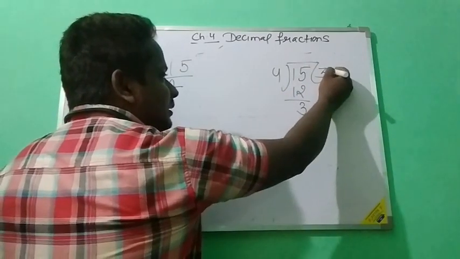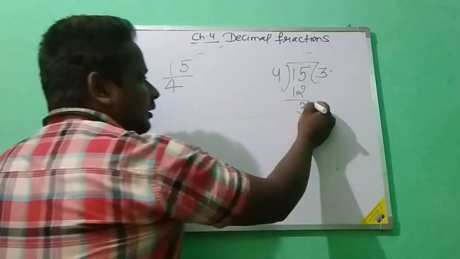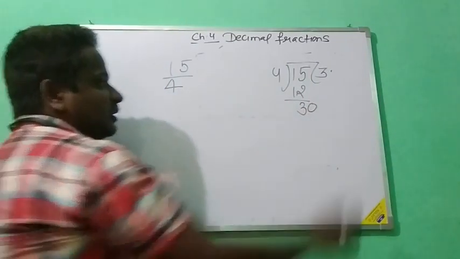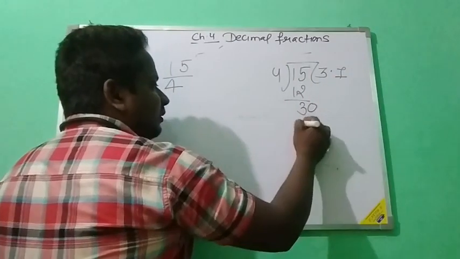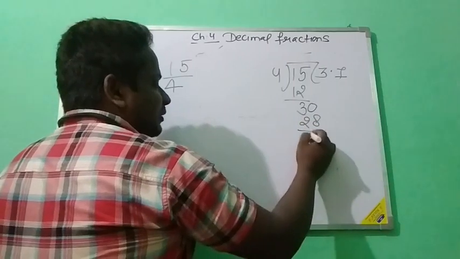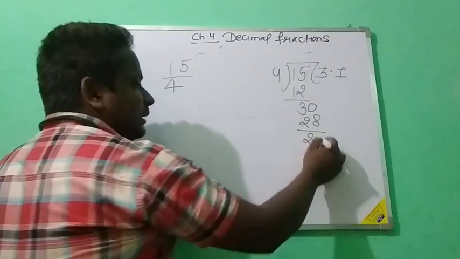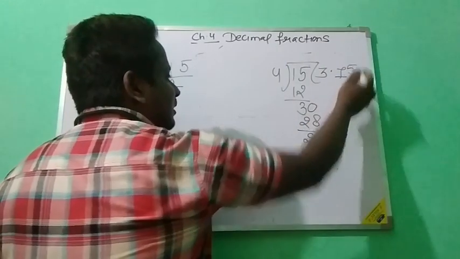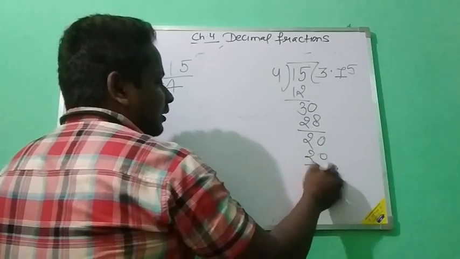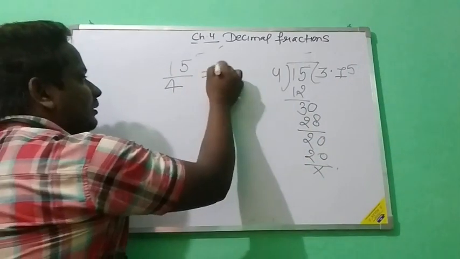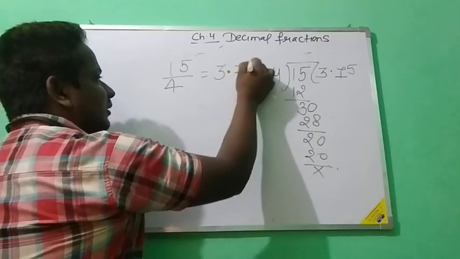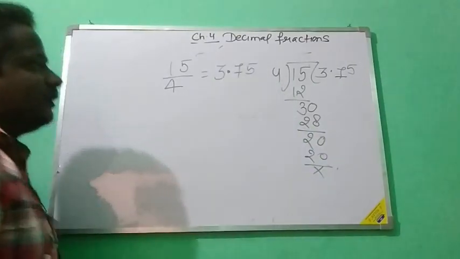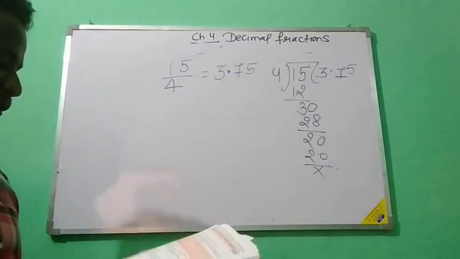Now you will place a decimal here and you will write a 0 here. Now 4 7s are 28. 30 minus 28 is 2. Now again place a 0 and 4 5s are 20. So it becomes 3.75.